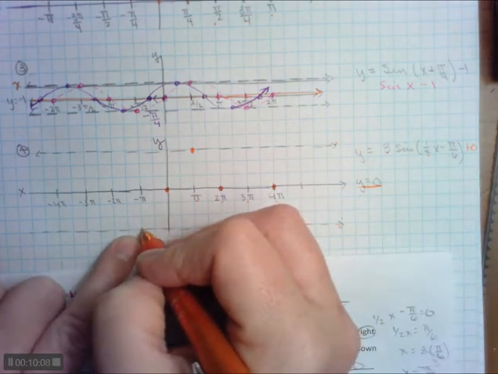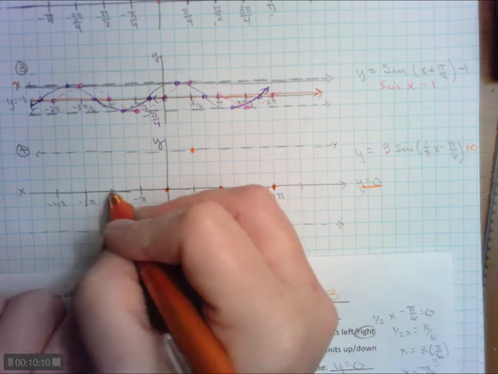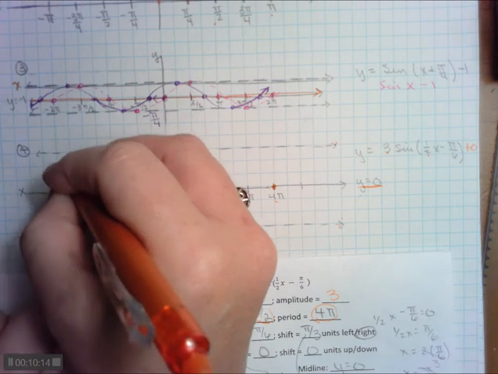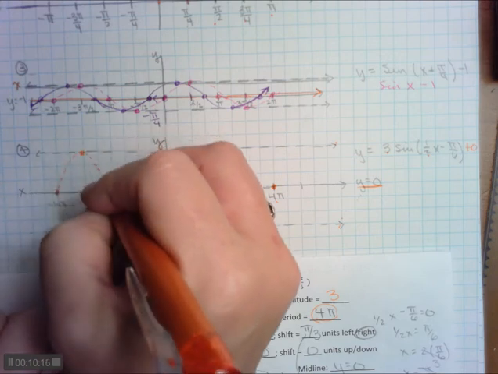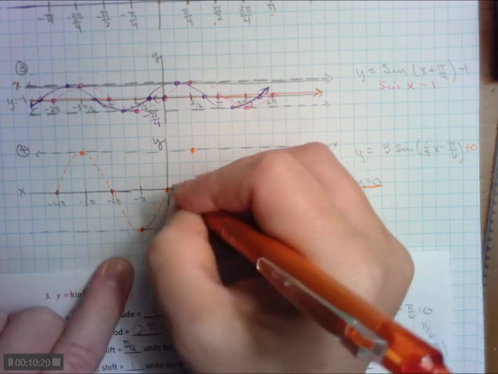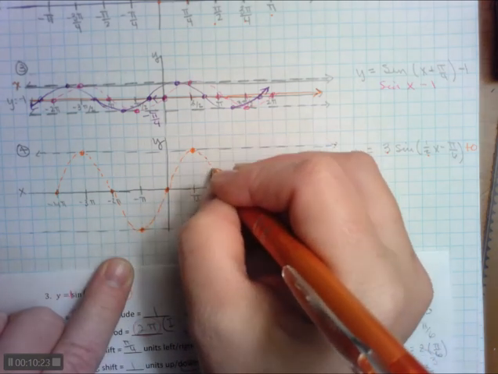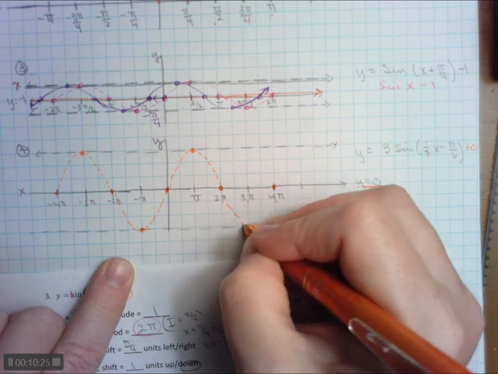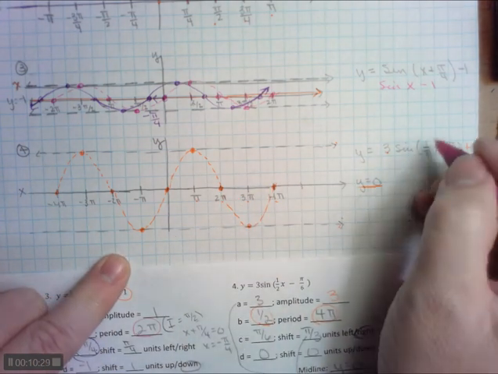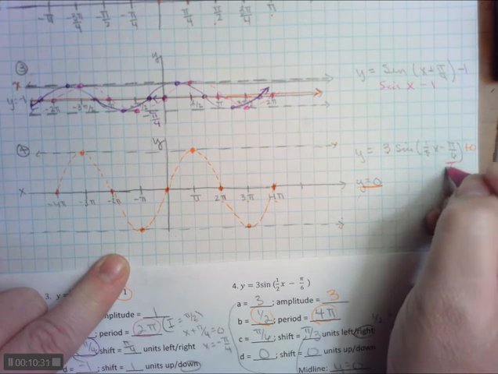This one would have gone down, midline, top, midline, and rainbow, bowl, rainbow, bowl, like that. However, we have this change that takes place.